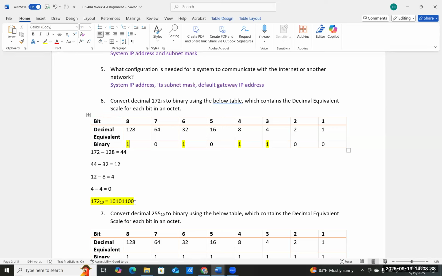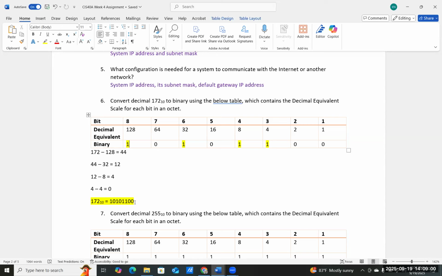And then after I subtract 32, I have a 12 remainder. I looked at the next bit, the 5th bit, the equivalence is 16. It's too large, so that's off. You put a 0. If it's less than the equivalence in the next bit, you cannot subtract, you put a 0. Okay?